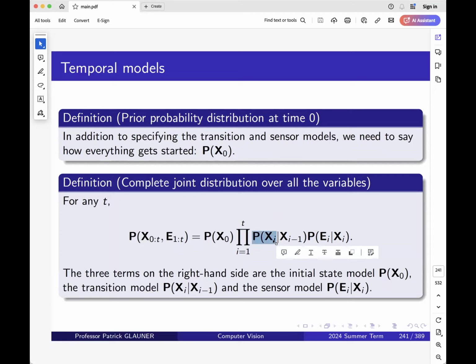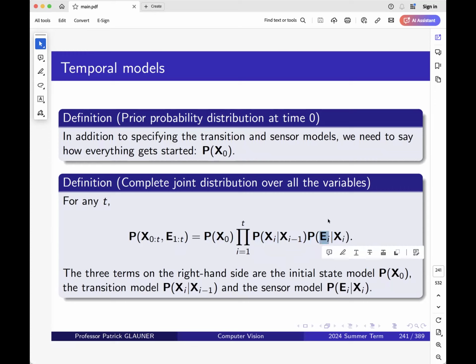So we see xi depends on xi minus 1. So, for example, x3 depends on x2, x2 depends on x1, and x1 depends on x0, and you have to factor in or multiply p of x0. So this is where it starts, but this product not only covers the transition model, but also the sensor model, because we have the evidence.